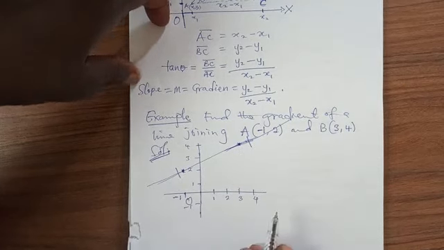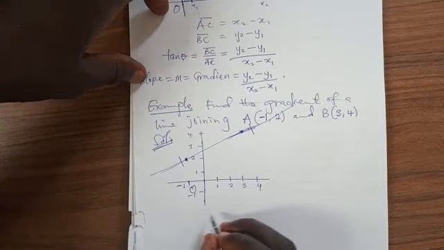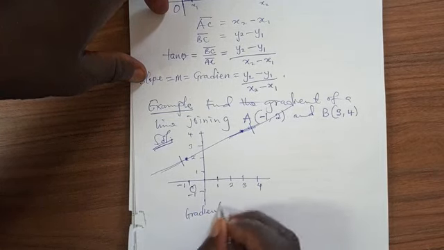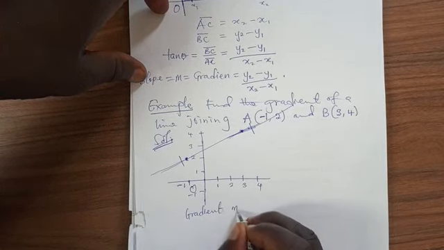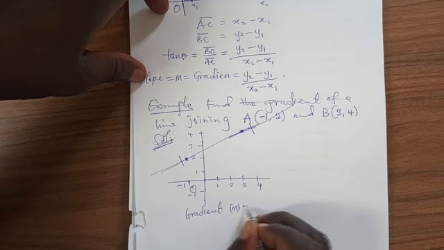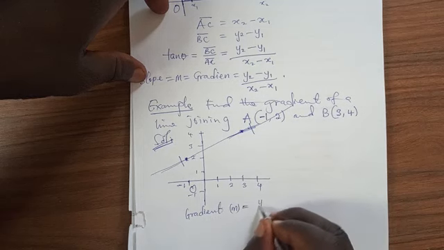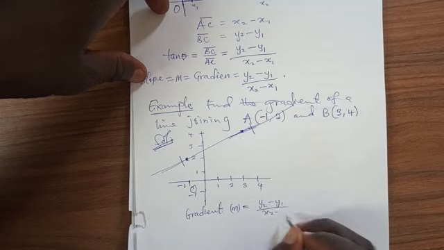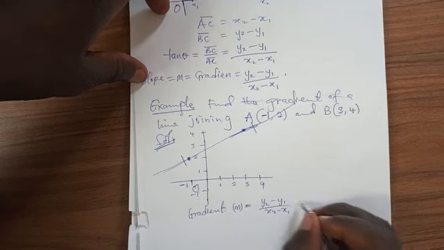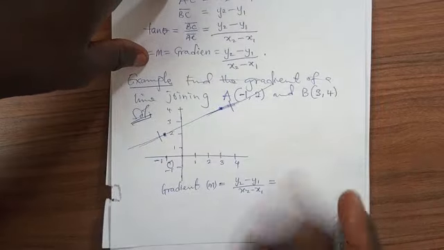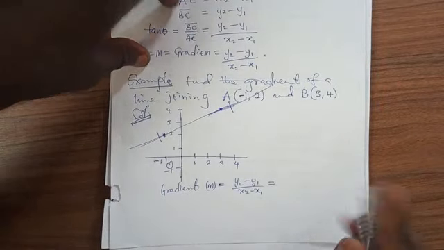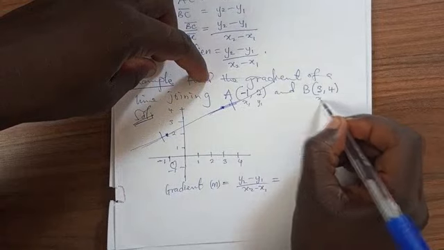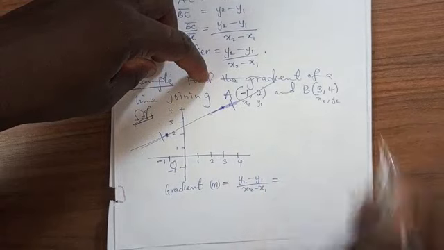So the slope, or the gradient, usually denoted by m, is equal to y2 minus y1 over x2 minus x1. This is x1, y1, x2, y2.